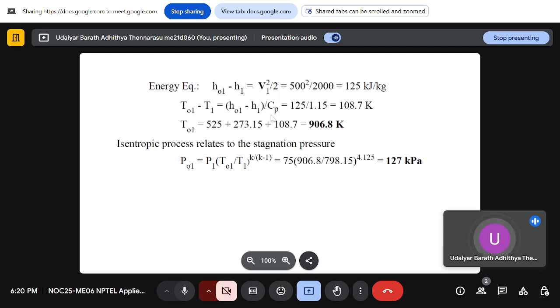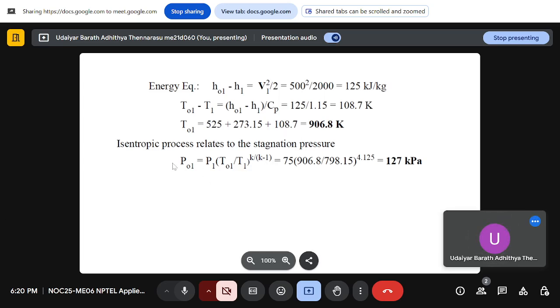So since the inlet temperature is given as 525 degrees Celsius, converting that into Kelvin, 525 plus 273.15, plus this difference of 108.7, it comes out to be 906.8 Kelvin. So for an isentropic process, since we are bringing the flow to the stagnation point isentropically, you can do it as an isentropic compression.